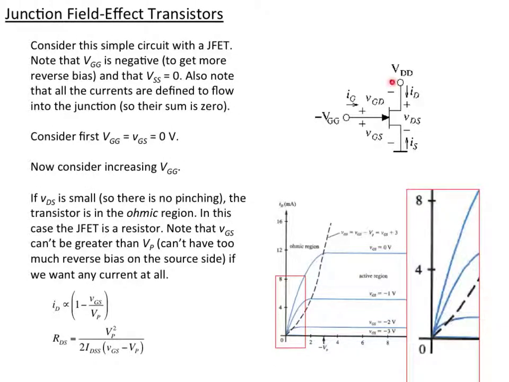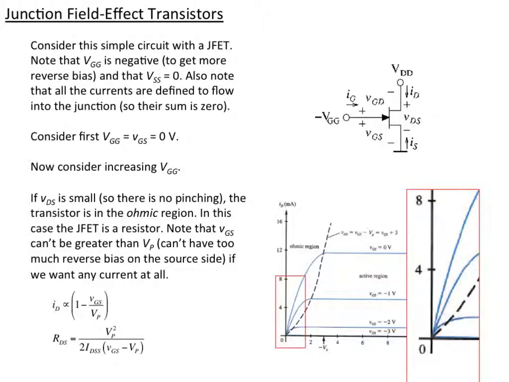Now, when the difference between the drain and the source is small, what we have is a voltage-controlled resistor. Because we're on this linear part of the rise, by changing the gate voltage, we can change the size of that resistance in this small region.